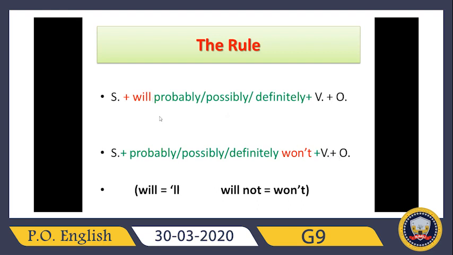Okay, change the places just with these three words. So memorize them. Will here, won't here. Will is the same as apostrophe double L. And here, will not is the same as won't. Okay, the same thing.